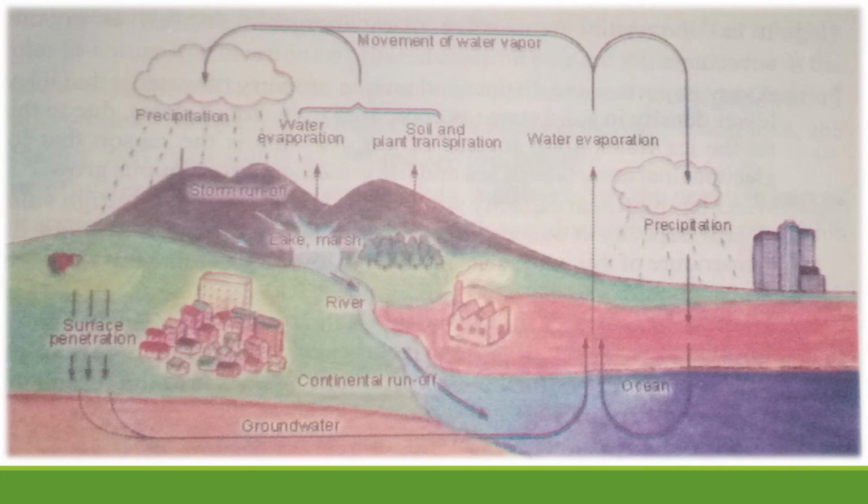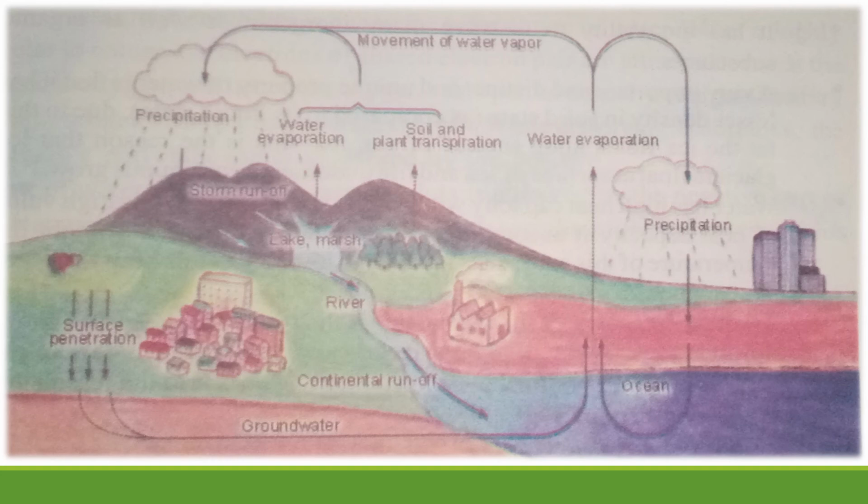Groundwater comes from the earth, we take out this water and use it, and again it goes into the ocean. Also, rainfall on the earth penetrates and is absorbed in the earth's surface, and in the ground it reaches the ocean.